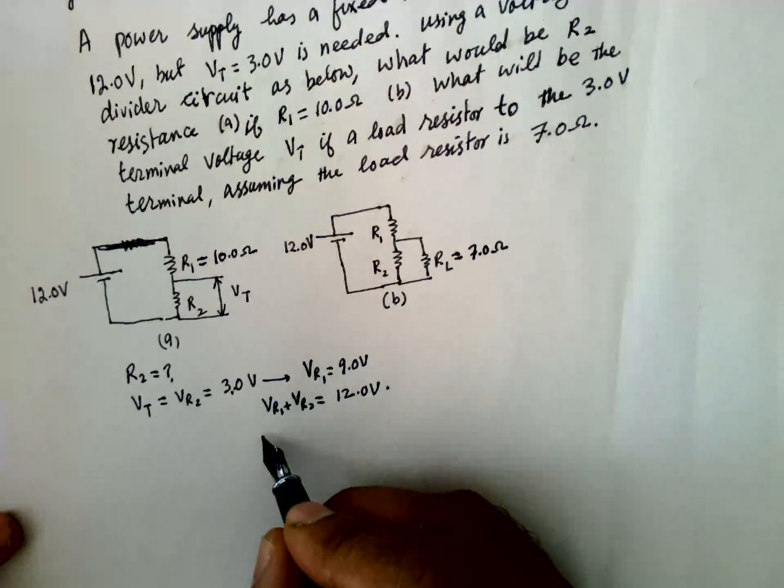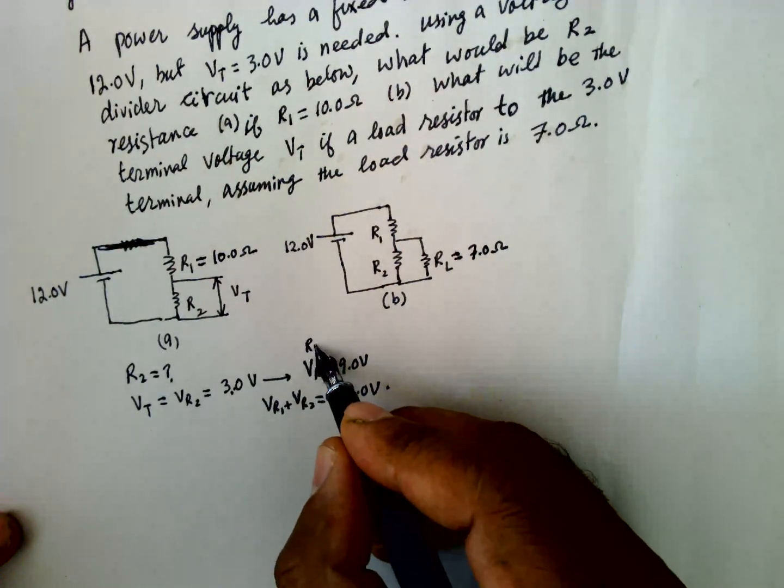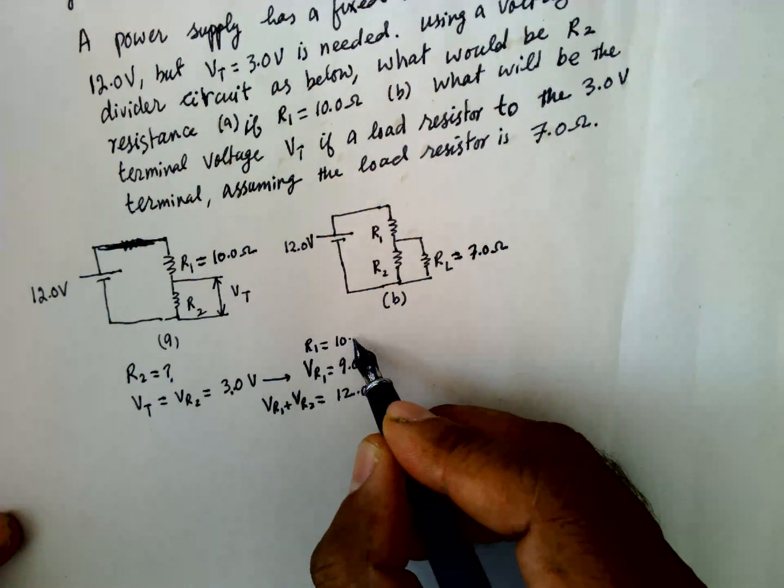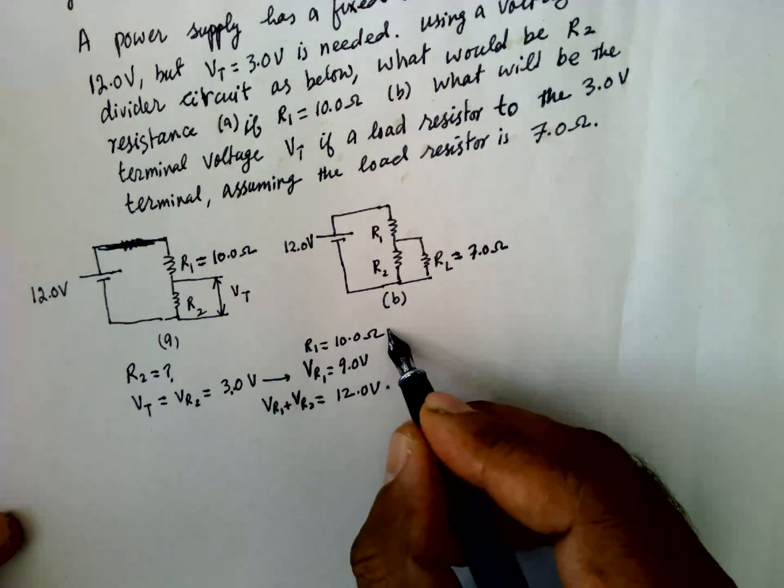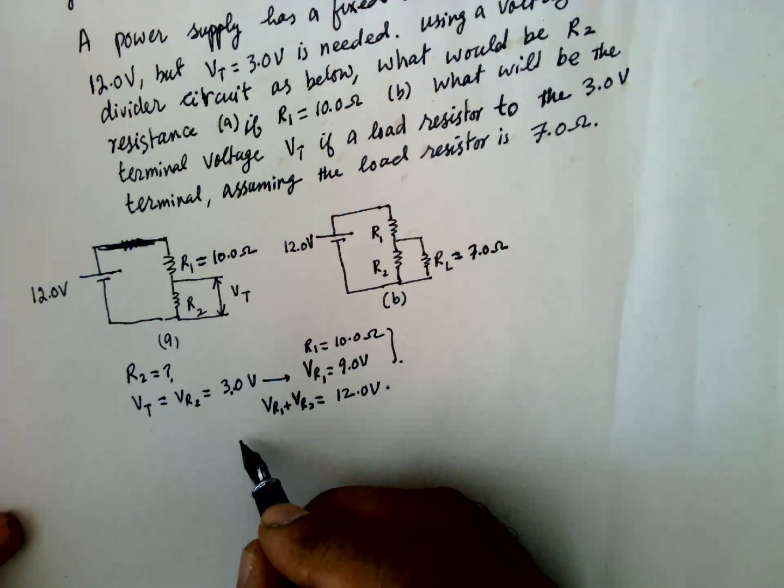So we know R1 is equal to 10 ohm. So from here we can find out the current.